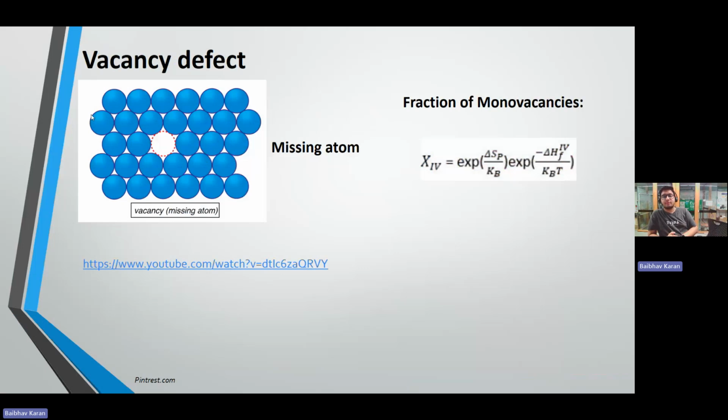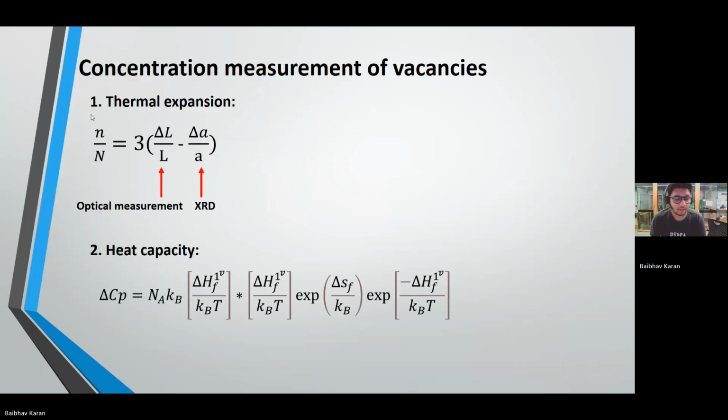Then we used various mathematical derivations to find the fraction of mono vacancies, which is dependent upon the free energy change as well as the entropy. Then, how to measure these vacancies, this concentration measurement?